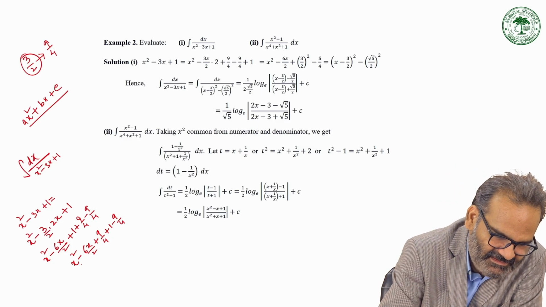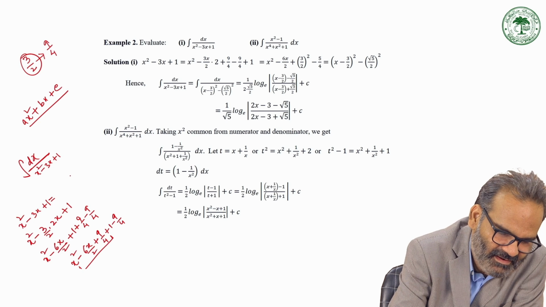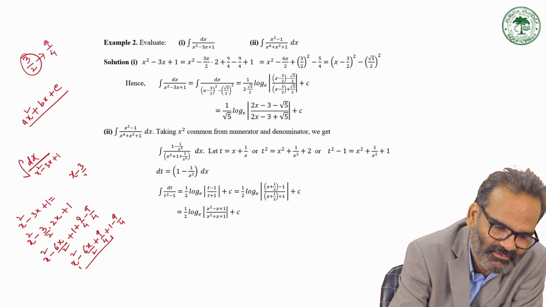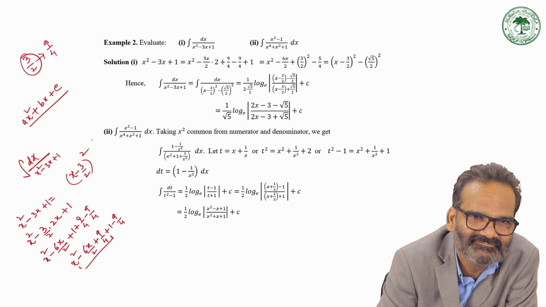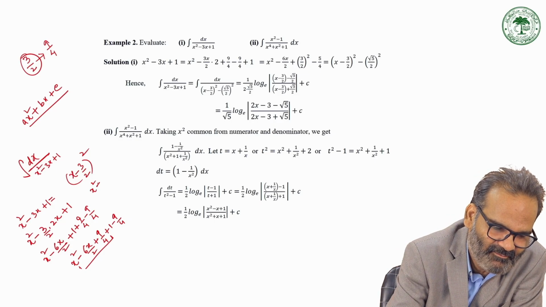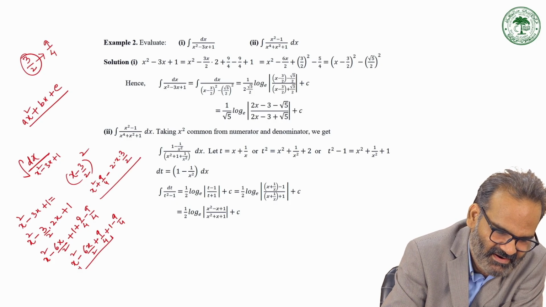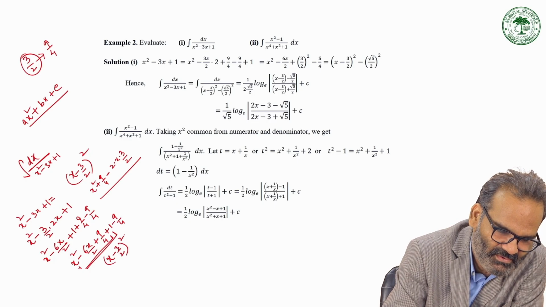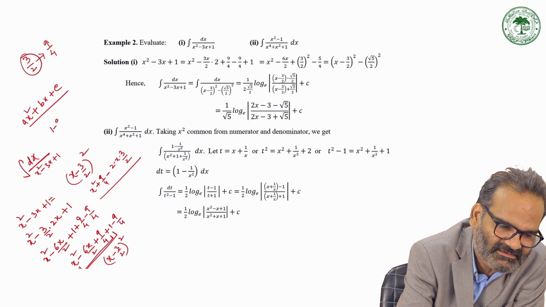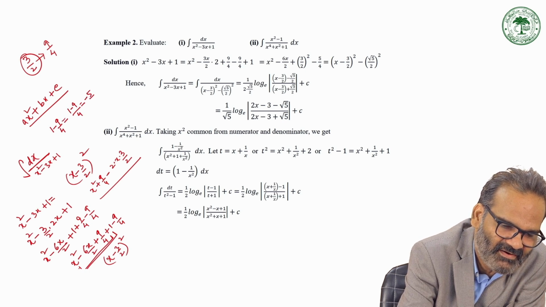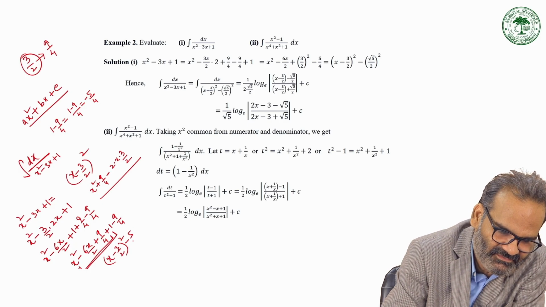This portion is x minus 3 by 2 power 2, because x square plus 9 upon 4 minus 2 into x into 3 by 2, that is 6x, so we are getting the same thing. This is x minus 3 by 2 whole square, and what is left is 1 minus 9 upon 4, which is minus 5 upon 4.